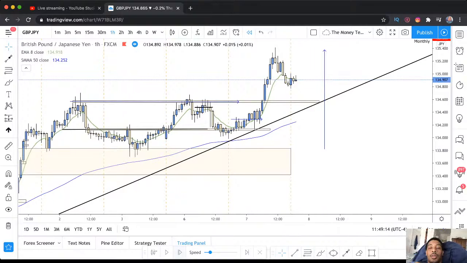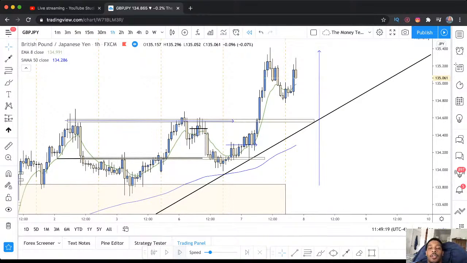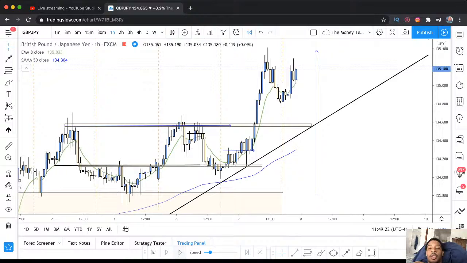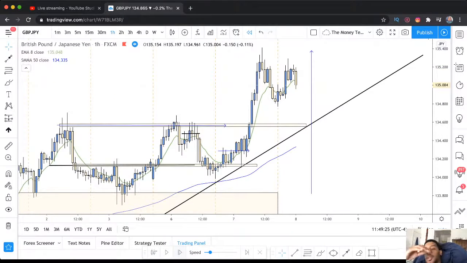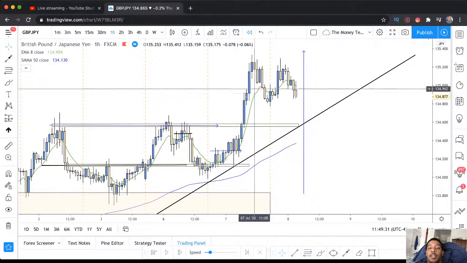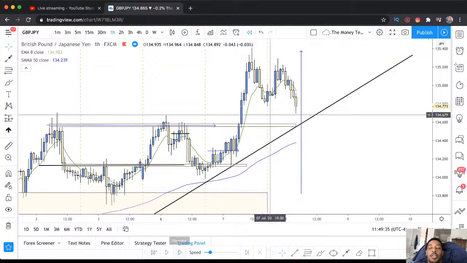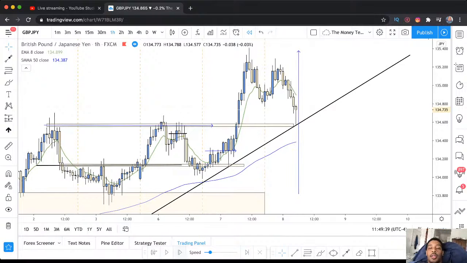So did that move, did that push, price found some resistance, pushed again, like this. Okay, look at that, price is coming back down, and where's it coming? In this area? Ooh, yes, it did.